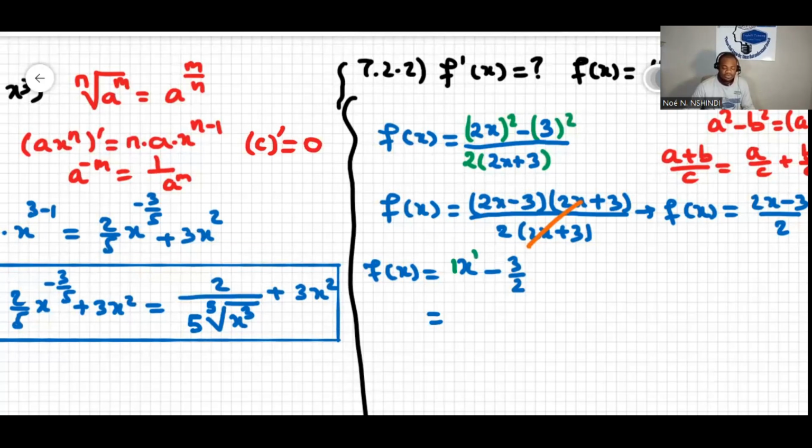This can be written as 1 times x to the power of 1 minus 1, minus 0. So x to the power of 0 is just 1. So we have 1 times 1, which is 1, minus 0. So the answer is 1. So f prime of x is just equal to 1.